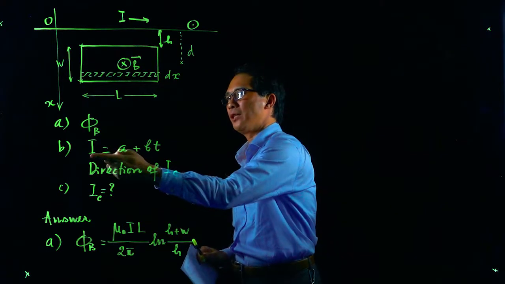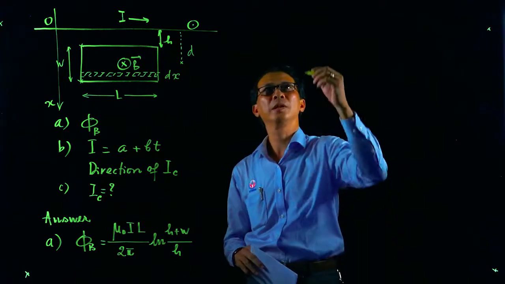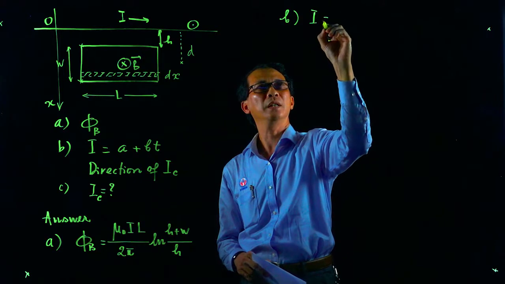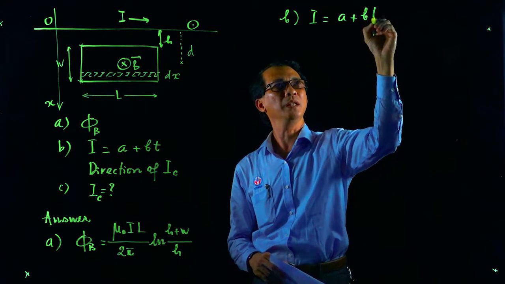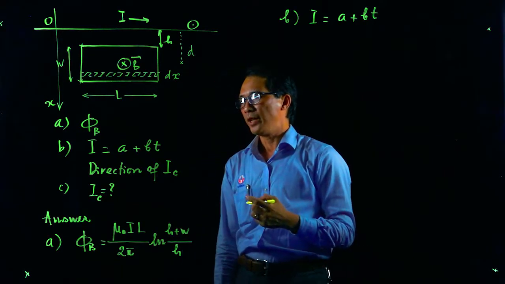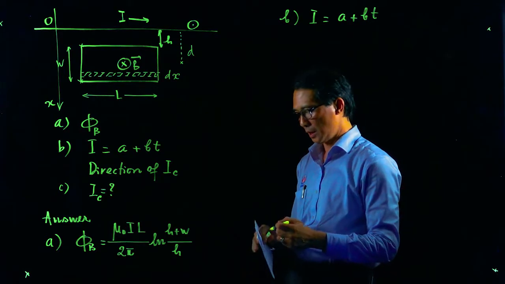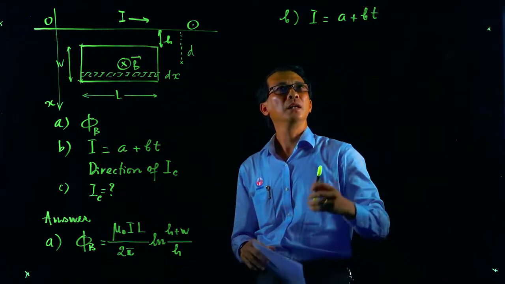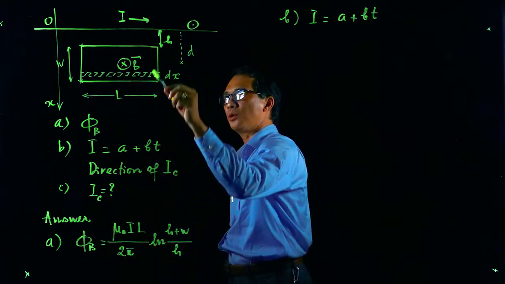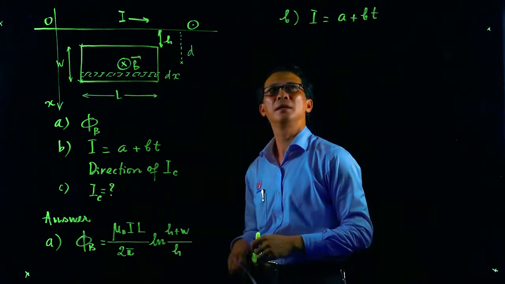But now for question B, I is a function of time. So what happened? We have here the current I is a plus bt. This is a linear function of time, right? Then the phi B isn't constant anymore. So in this case, we have to determine if the phi B through this area increased or decreased.